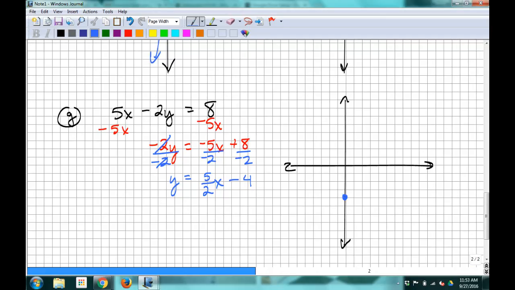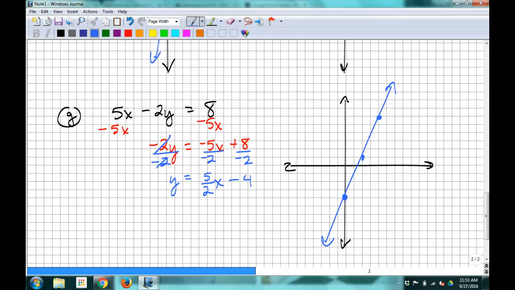Up 5, right 2. 3, 4, 5 over 2. Could do that again. 1, 2, 3, 4, 5 over 2. We get a nice line out of that. Not too difficult, right?